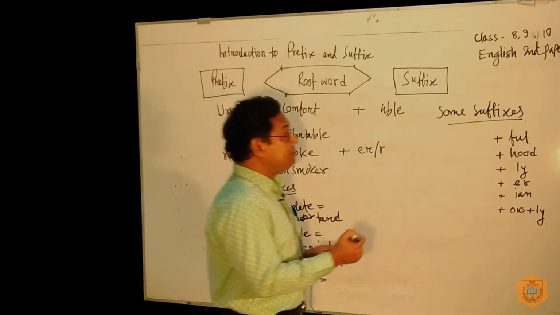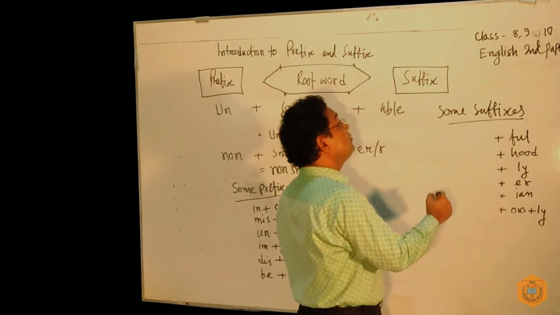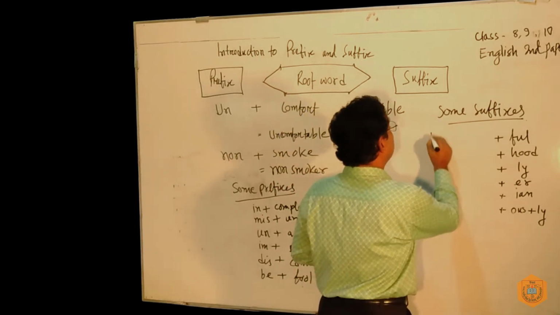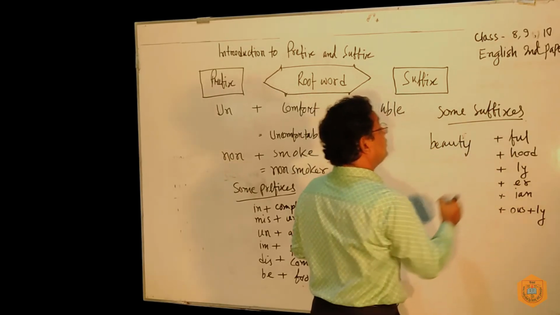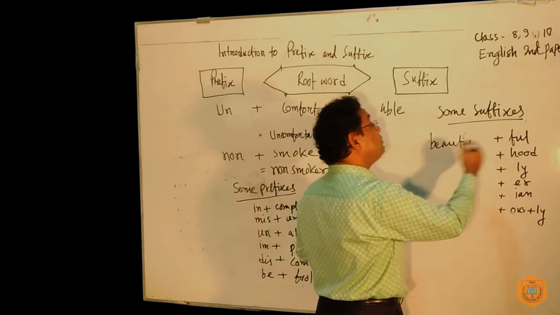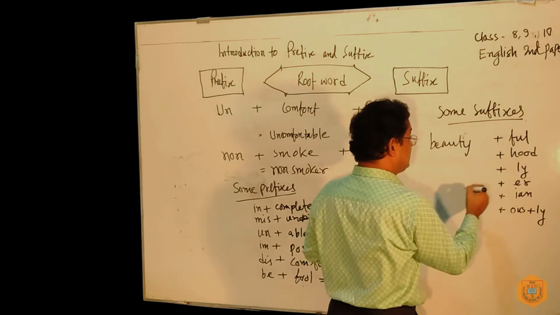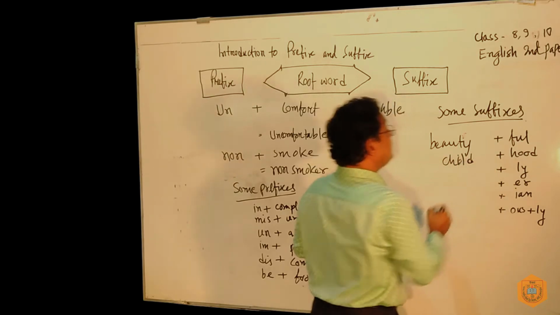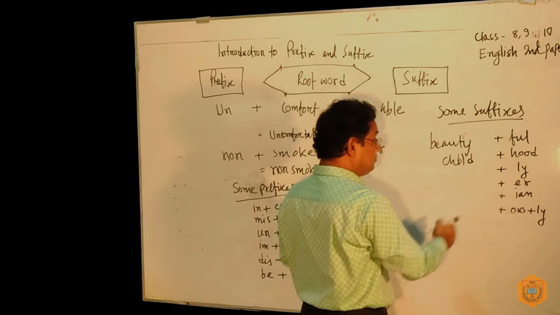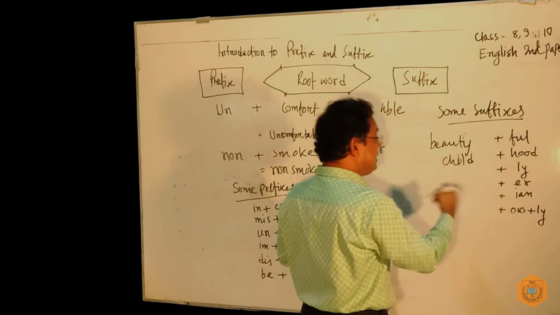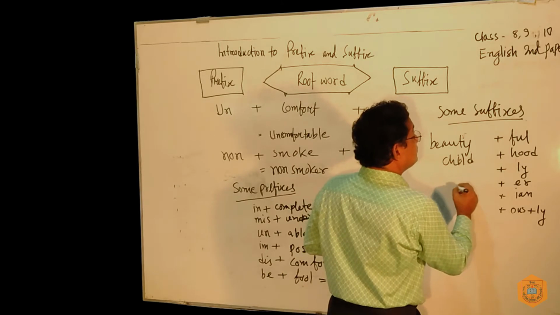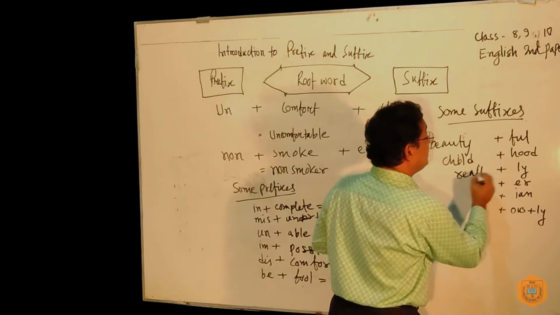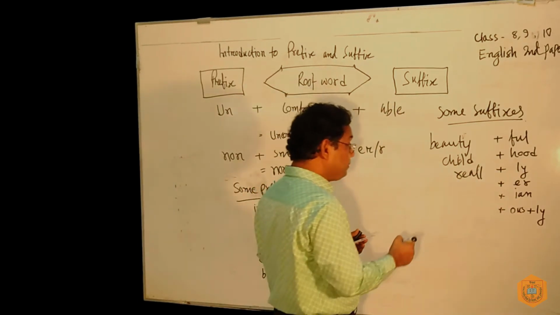Now I will make some new words using suffixes. Beauty plus ful, we can say beautiful. Here ful is a suffix. Child, if we say child plus hood, we can make a new word, childhood. Real, real plus ly, really.